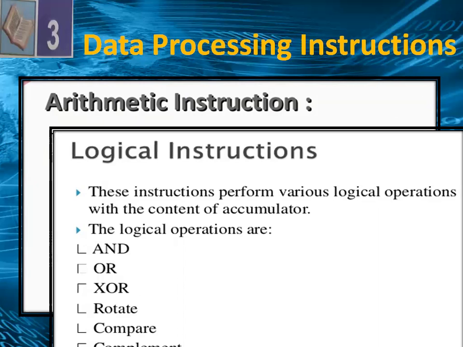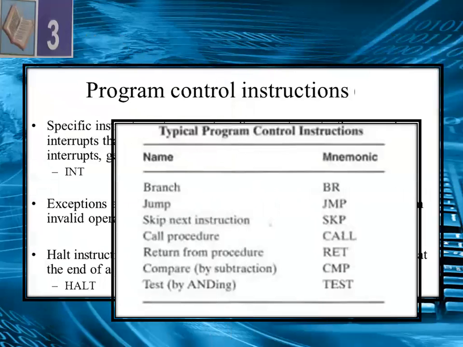Like the AND operator is used to compare two values. If both values are true, then the result will be true. In the case of OR, suppose you have two values, if one value is true, then your result will be true. So this is a logical instruction which is used to compare values and perform logical operations.